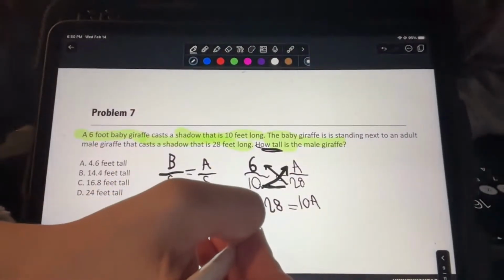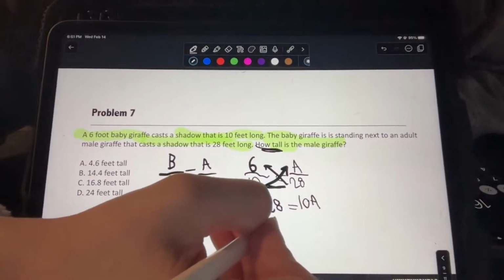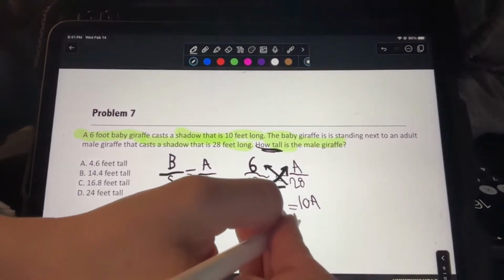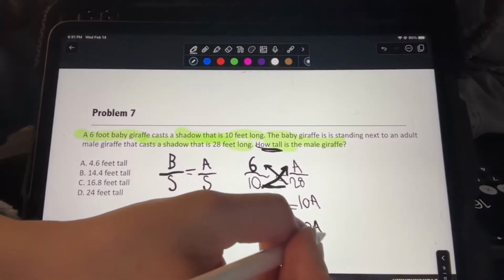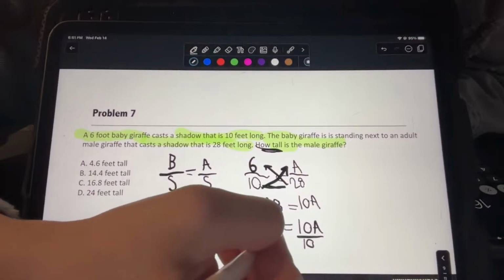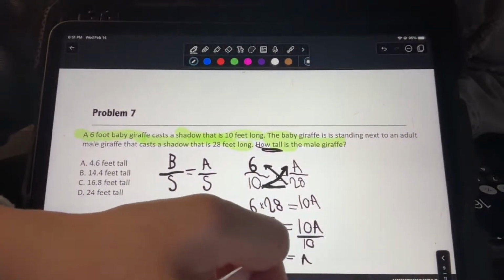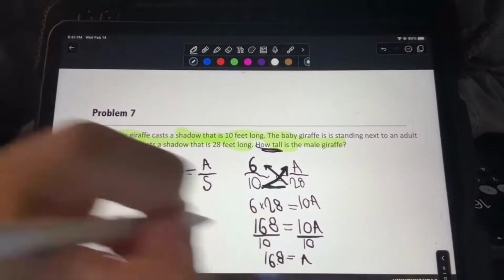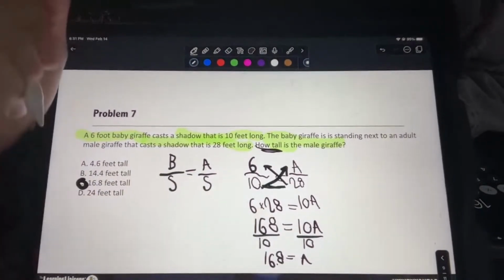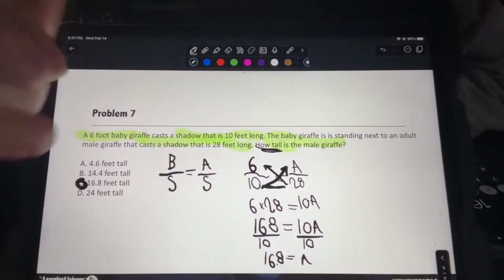That's 168 equals 10a. Divide them both by 10. A equals 16.8, which is C. All righty.